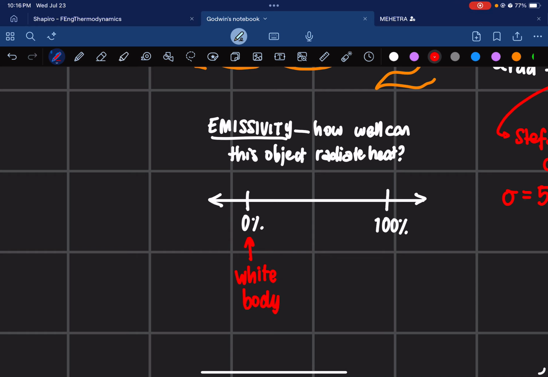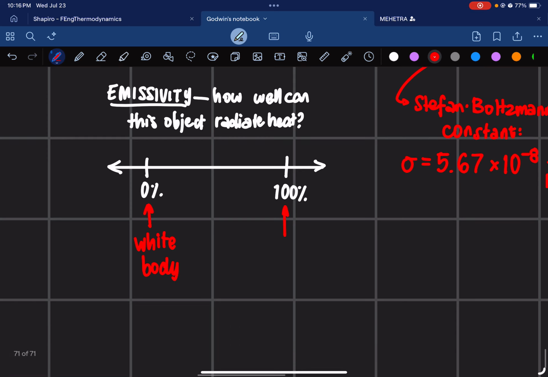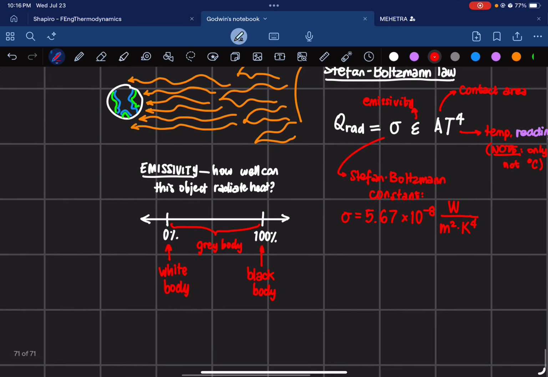And then something that can emit 100% of available heat through radiation would be what we call, of course, a black body. And what do you guess would be the thing in between? Because scientists are very creative, it would be a gray body. So that is our emissivity.